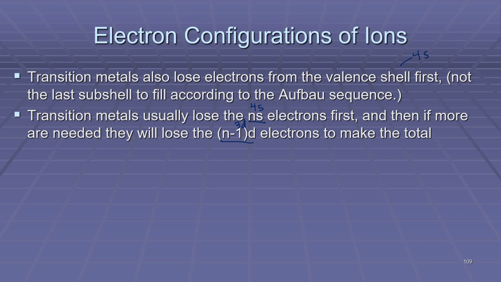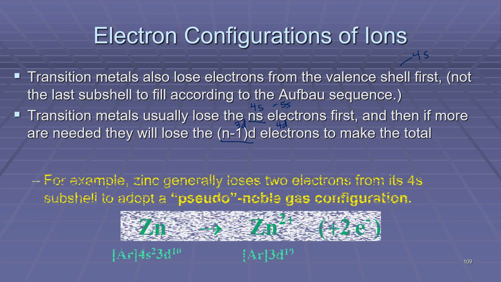They're going to lose the 4s electrons before they lose the 3d electrons. If it's the next row down, they'll lose the 5s before they lose the 4d. So that's what n-1 means. They'll lose the higher s electrons before the d electrons, and if they have to lose more, they'll lose the d electrons.